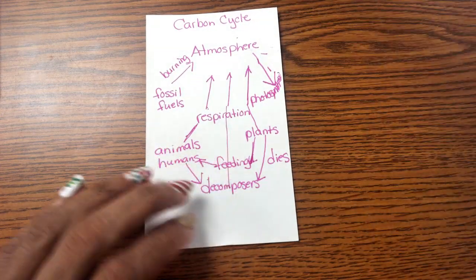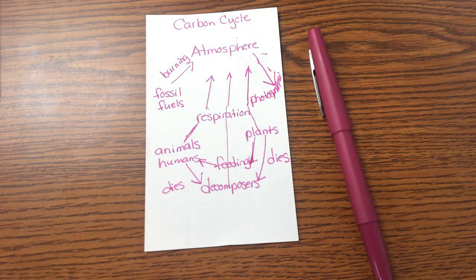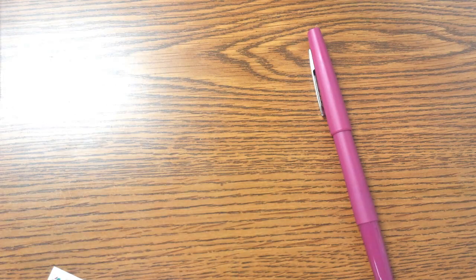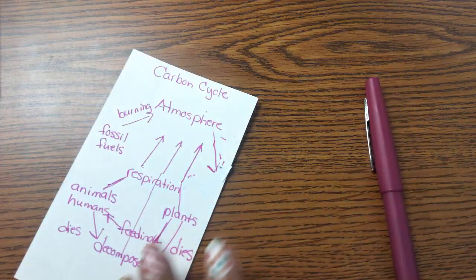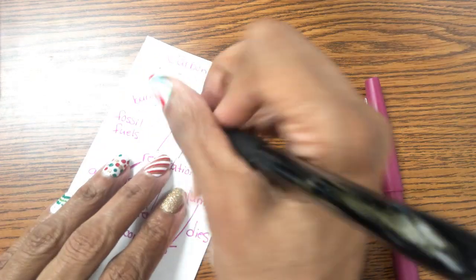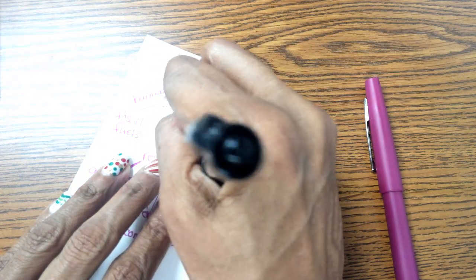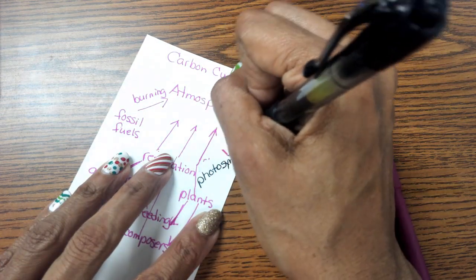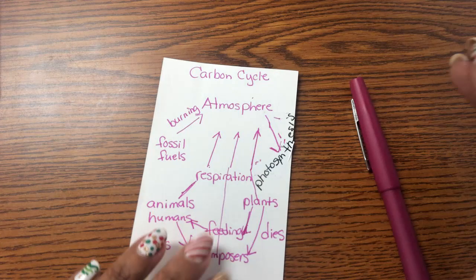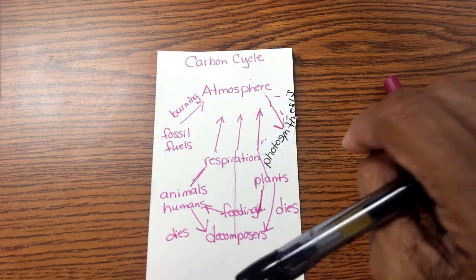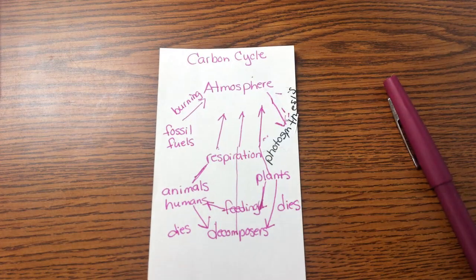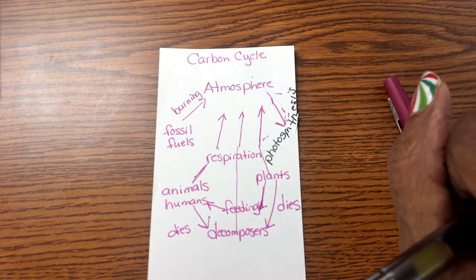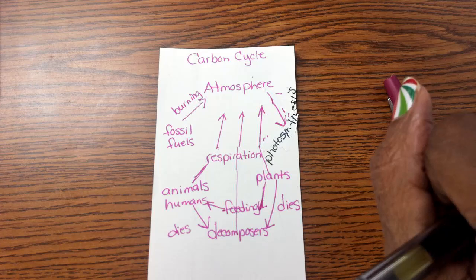I kind of had to squish it here on the side. Okay, let me write it this way. Okay, so photosynthesis is one way that carbon is taken out of the atmosphere, because plants take in carbon dioxide in order to perform photosynthesis.